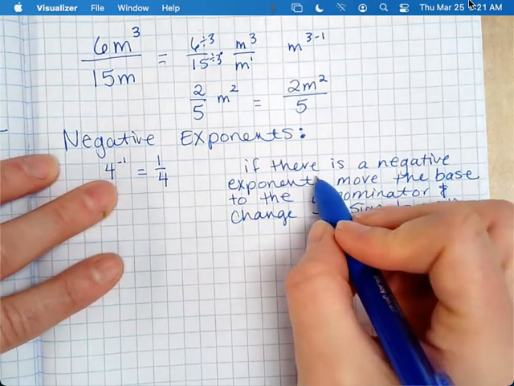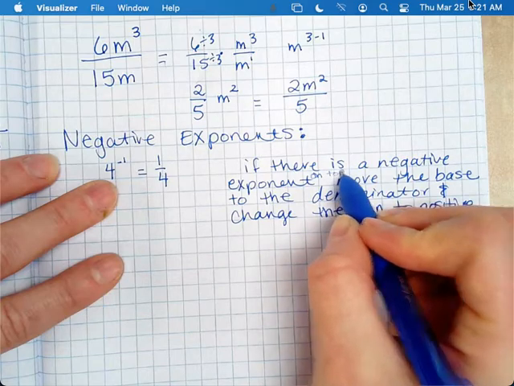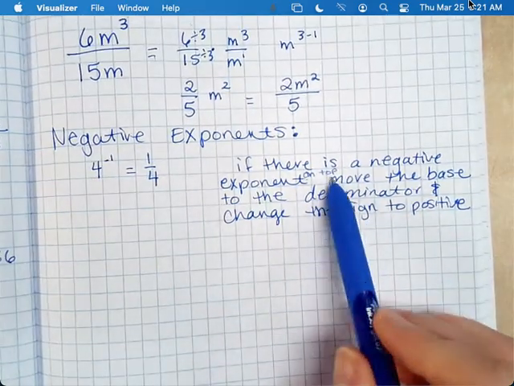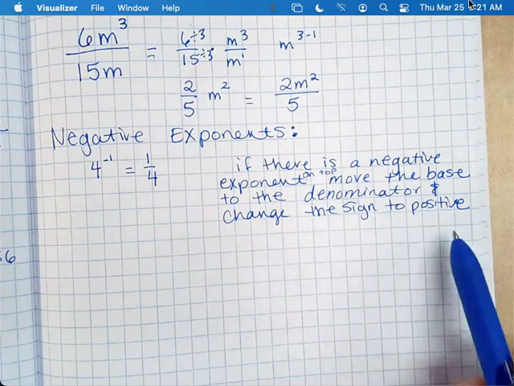And this is in the numerator. If there's a negative exponent on top, which is our numerator, move the base to the denominator and change the sign to positive.